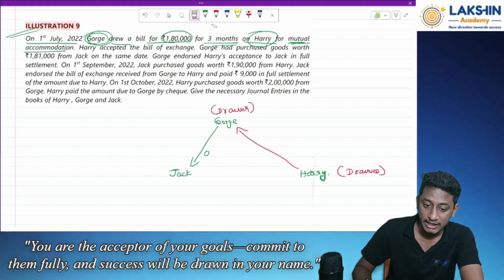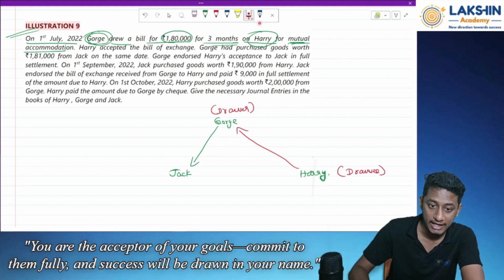So what George is doing, on the same date, he has purchased some goods of rupees 1,81,000. So the actual bill value is rupees 1,80,000. Okay, remember this.